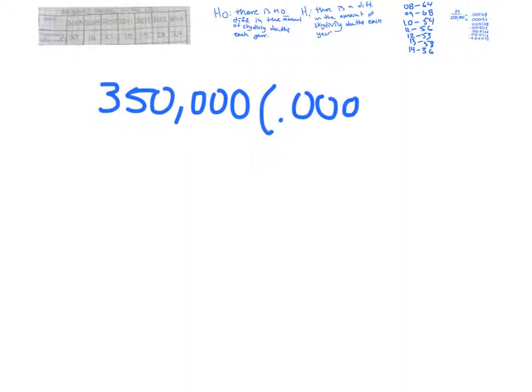So next you will multiply each one of those for each year by the amount of jumpers in the United States, which is around 350,000. So it'll look like this. For 2008, this will be 0.000128, and that gives you 44.8. And you'll do that for each one.